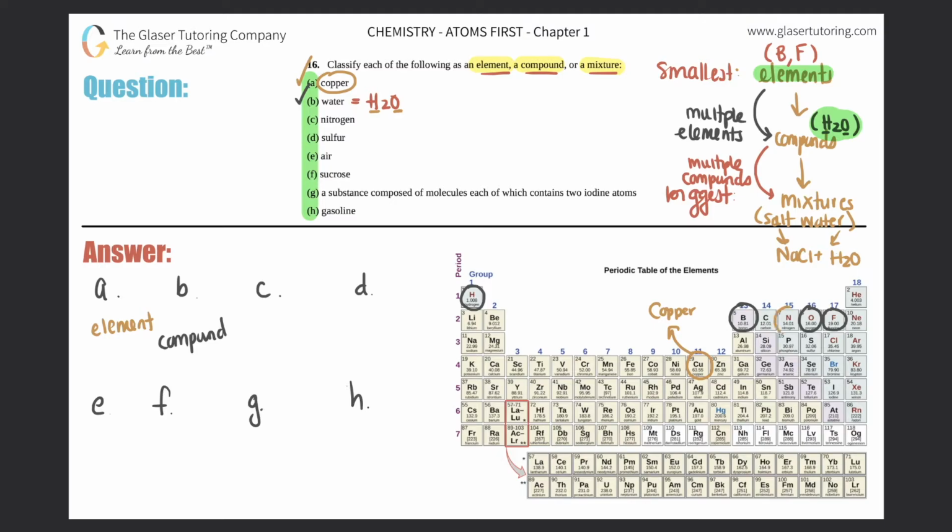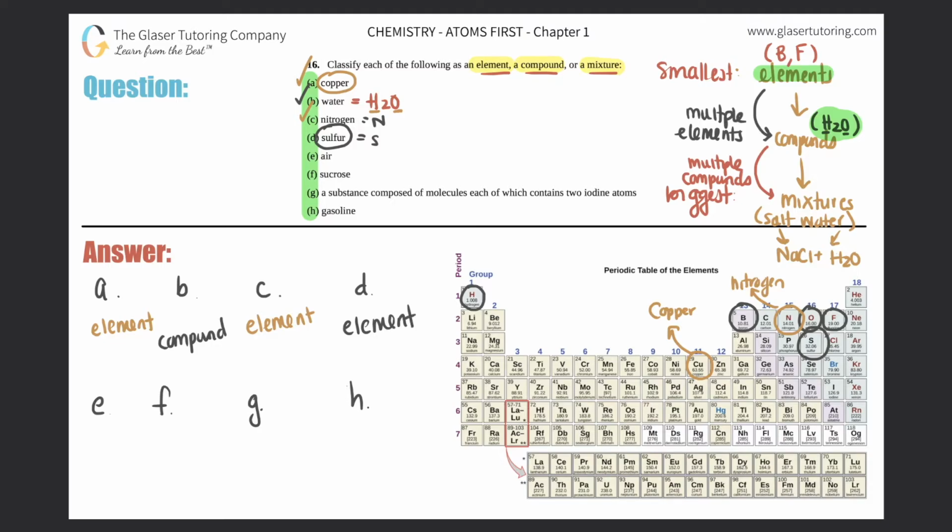It is right here. N is nitrogen. So it's got to be an element. Keep going. Can sulfur be found on the periodic table in just one box? If you scanned it, you'll see that it's right here, sulfur is just an S. So nitrogen was just an N, sulfur is just an S. So it's an element.